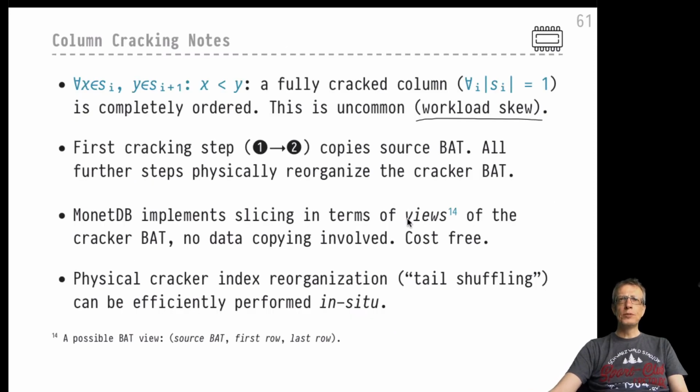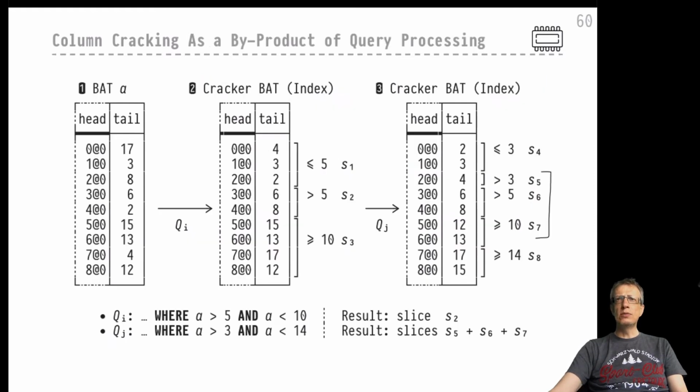All right, we have talked about slices already when we introduced the tactical optimization for algebra select. Okay, so piecing together such slices to form the overall query result is really efficient in MonetDB.